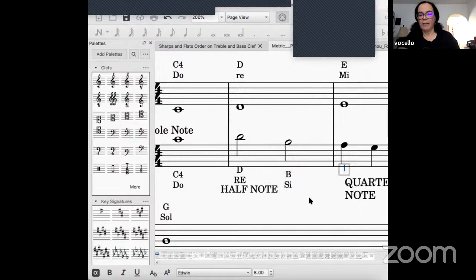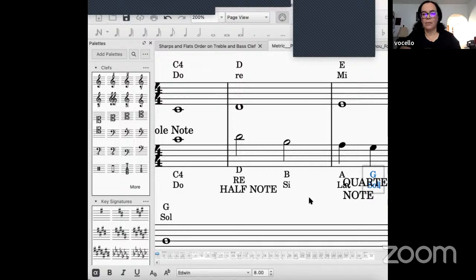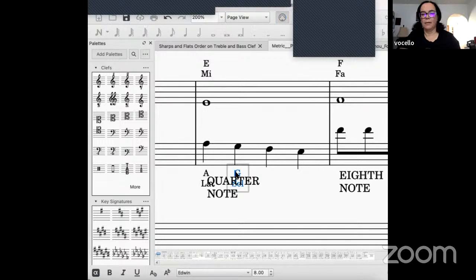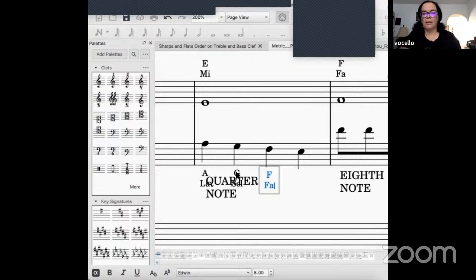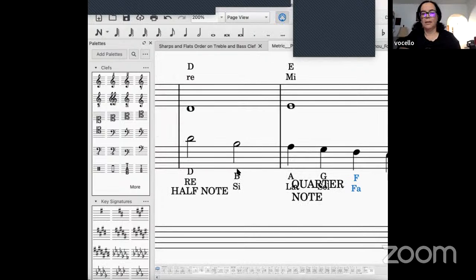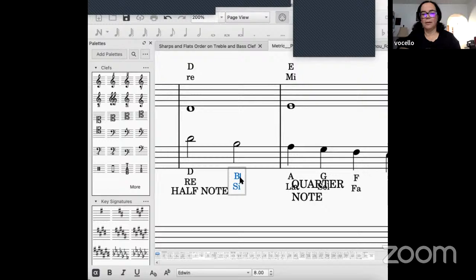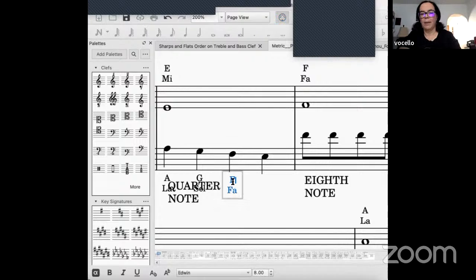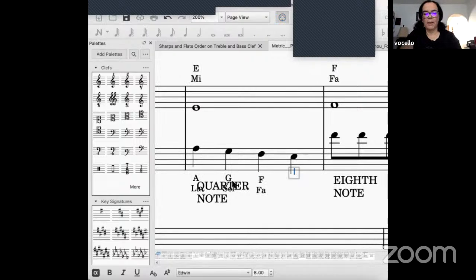The line number 5 is A or La. The fourth space is G or Sol. The fourth line is F or Fa. This is B3, A3, G3, F3, E3. The third space is E or Mi.